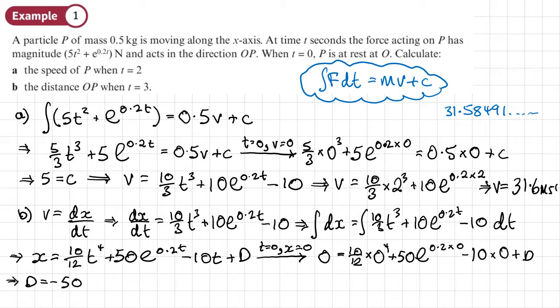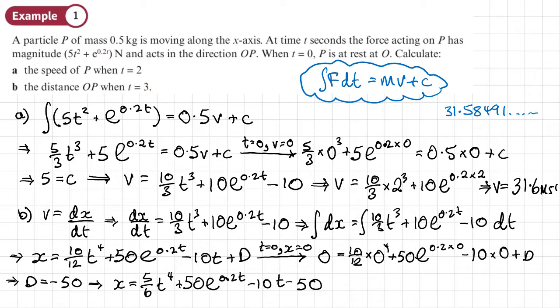So our full expression for the displacement x is going to be x equals 10 over 12. Let's simplify that to 5 over 6 t to the power 4 plus 50 e to the 0.2t minus 10t minus 50. And the last bit, we just need to substitute in t equals 3 to find x.